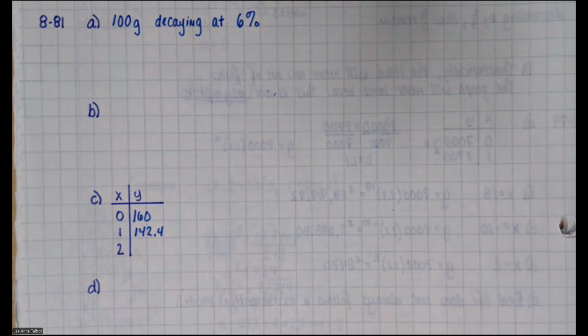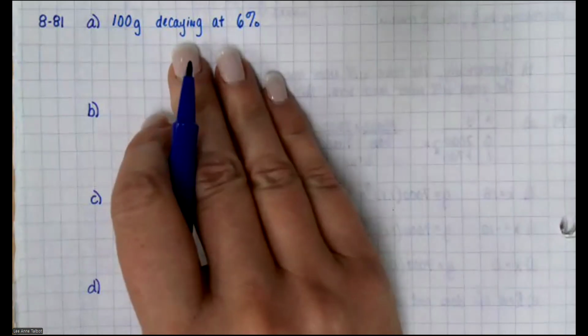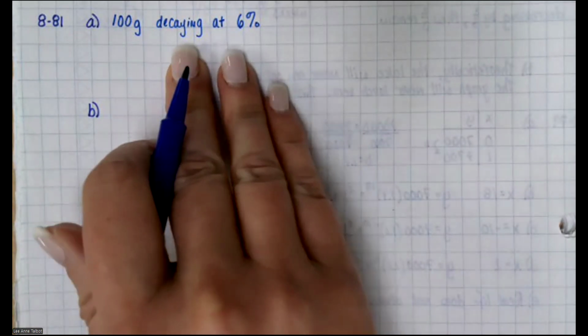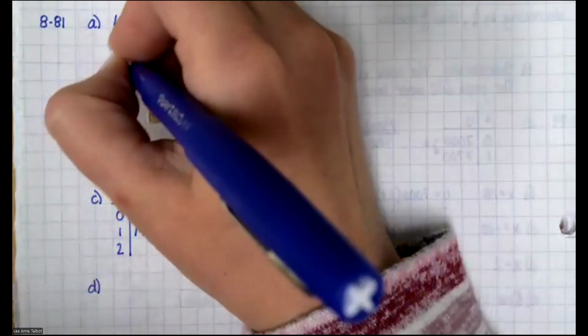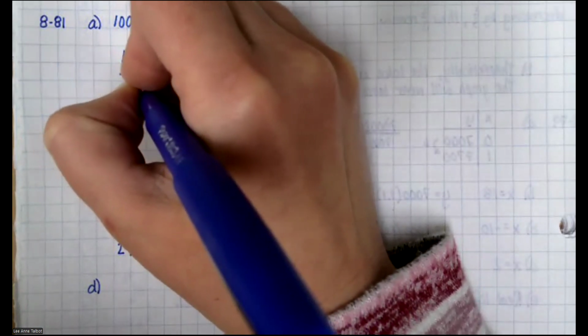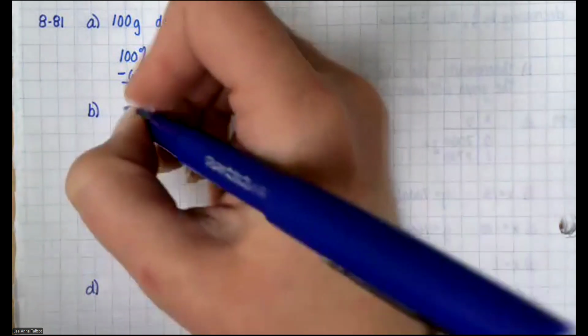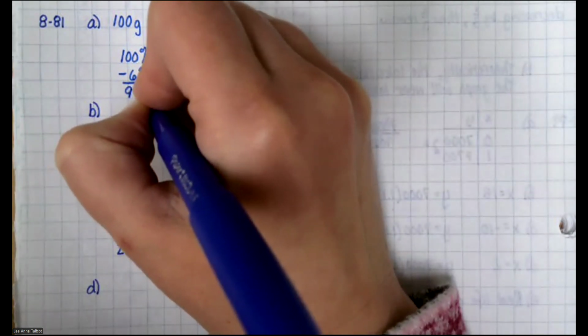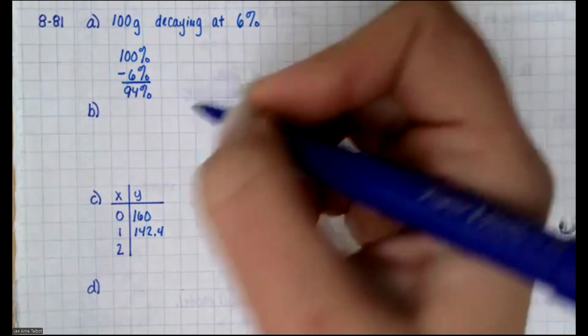You have 100 grams of a substance and it's decaying at 6%. What is the equation? Okay, so decaying. Does that mean it's going up or down? Down. Okay, so you go 100% minus 6% is 94%.